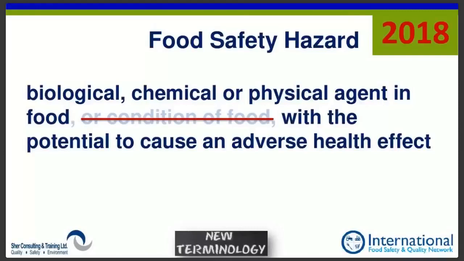I want to pause on this because it's one of the changes that I do not like. The reason I do not like it, I'll give you an example. I was recently visiting a supplier, a private label supplier of pet food for one of my customers.